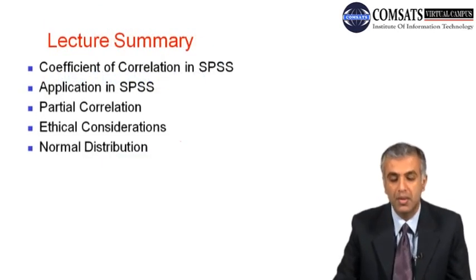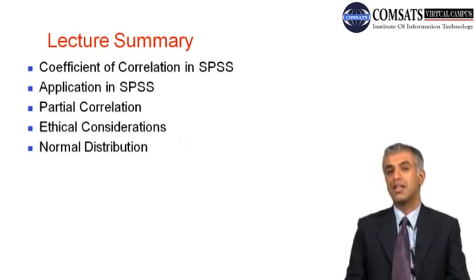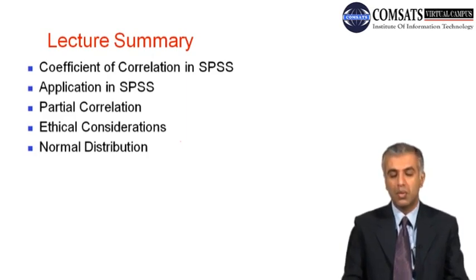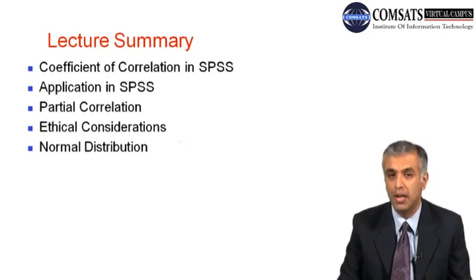In today's lecture, we went through how to calculate the coefficient of correlation in SPSS and how to interpret its application there. Then we went through partial correlation, why it's used, and took a practical example to find the partial correlation of certain entities. Then we discussed the ethical considerations of analyzing data and what biases the researcher should avoid.